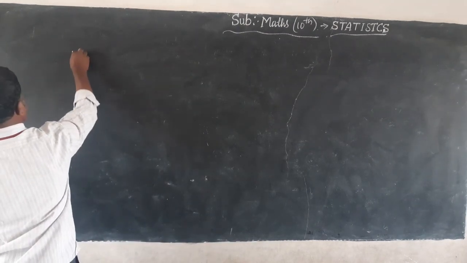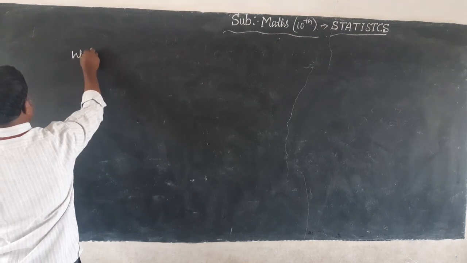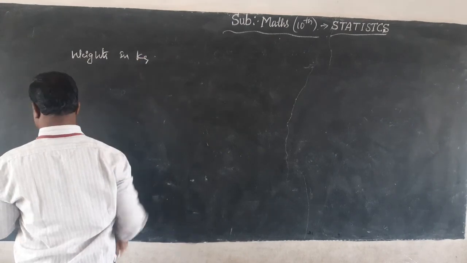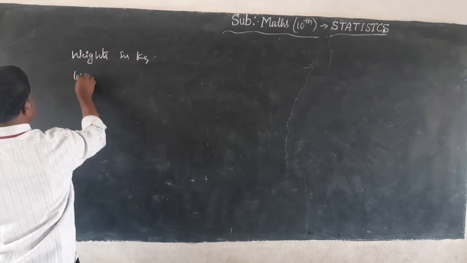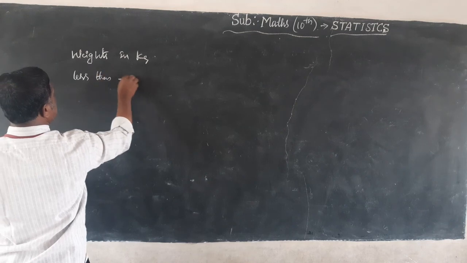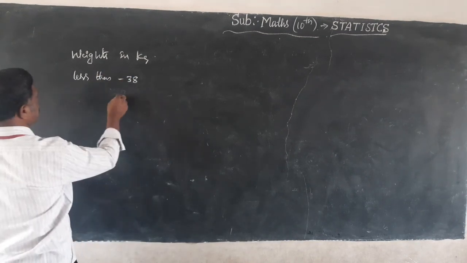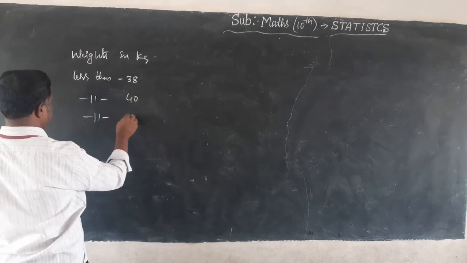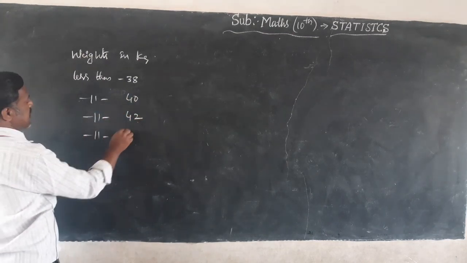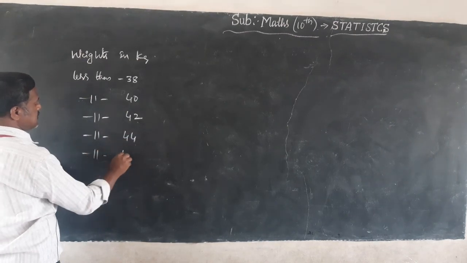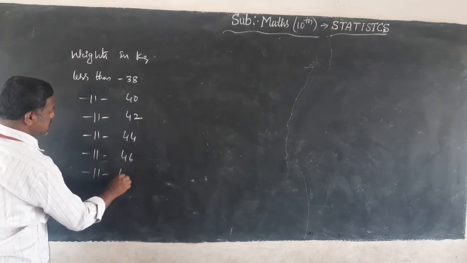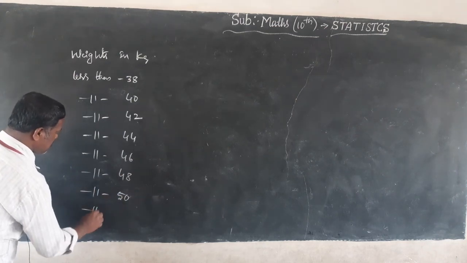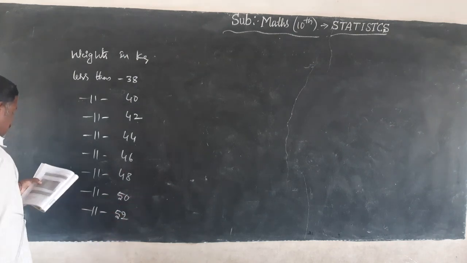Weights in kg: less than 38, less than 40, less than 42, less than 44, less than 46, less than 48, less than 50, less than 52.